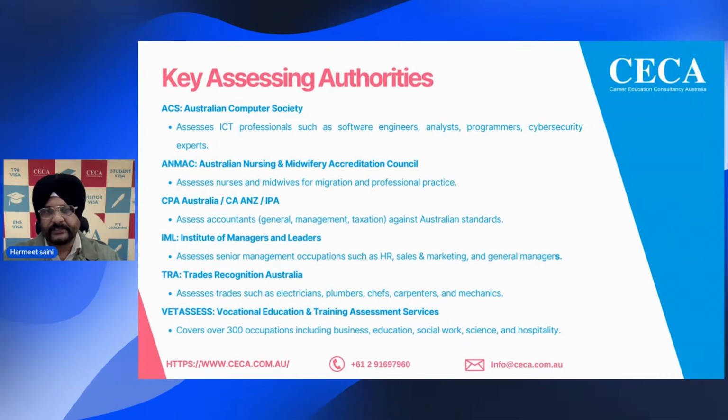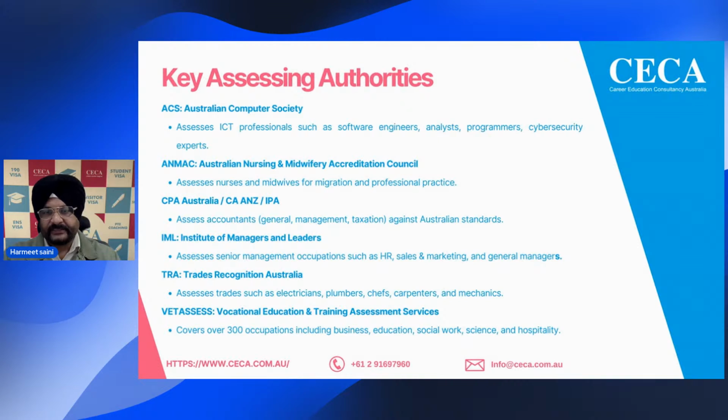Let's take some examples of the assessing authorities. ACS, which is the Australian Computer Society, is quite popular. It assesses ICT professionals such as software engineers, programmers, software developers, cybersecurity experts, ICT business analysts, and other IT professionals. All these occupations are assessed by the Australian Computer Society.